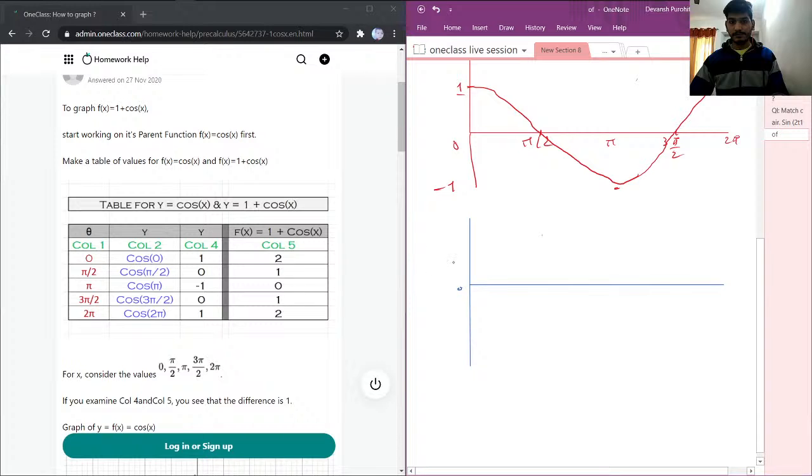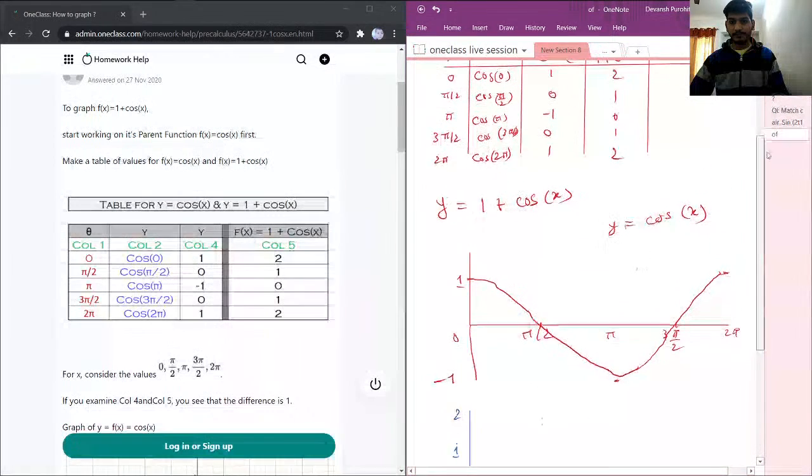And for x we have pi by 2, 3 pi by 2, and 2 pi.